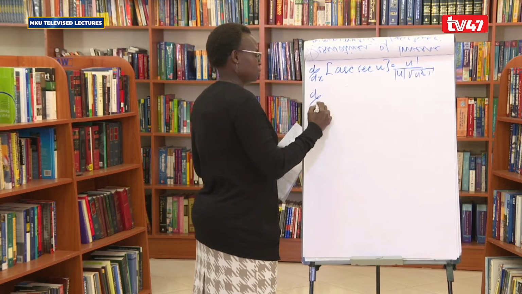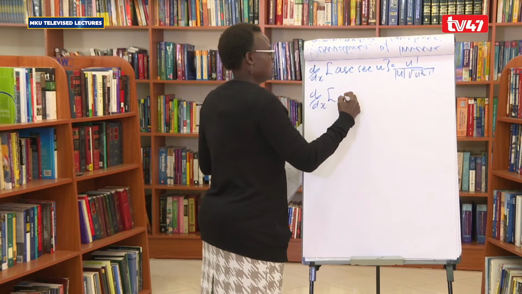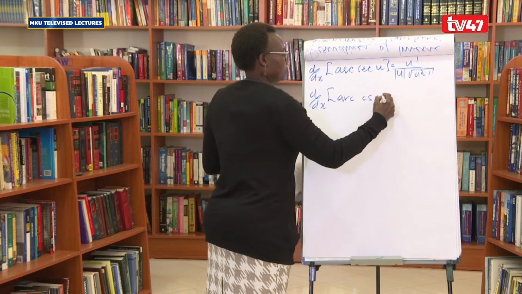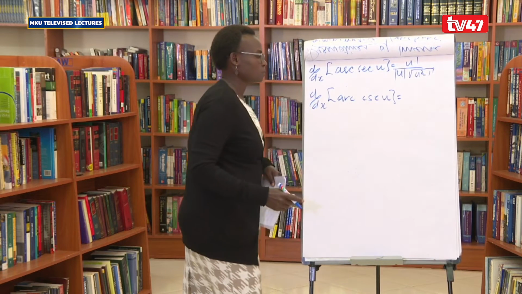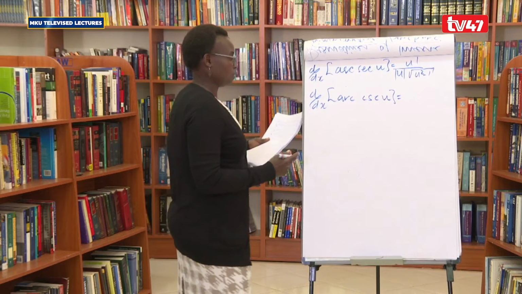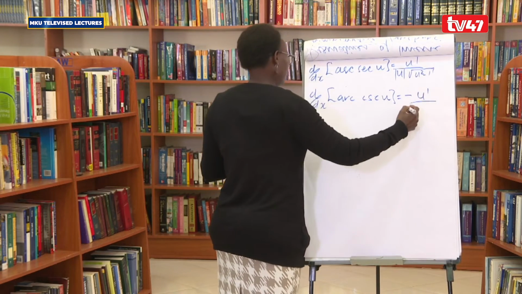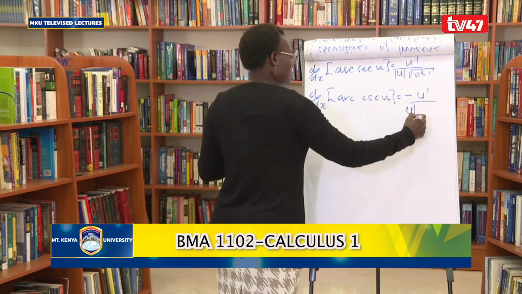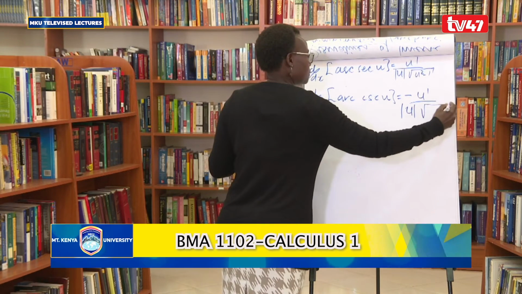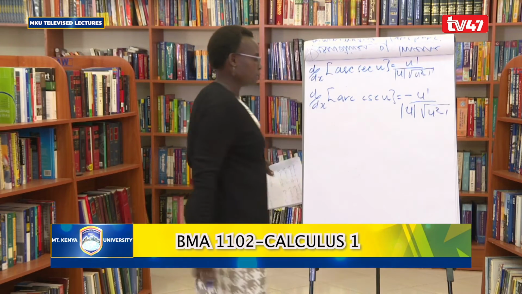And then the last one, arc cosec u is going to be a negative u bar over absolute value of u times root of u squared minus 1.